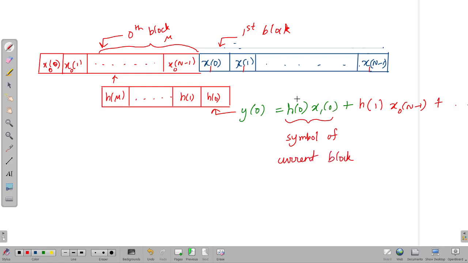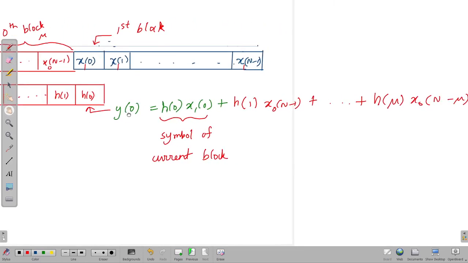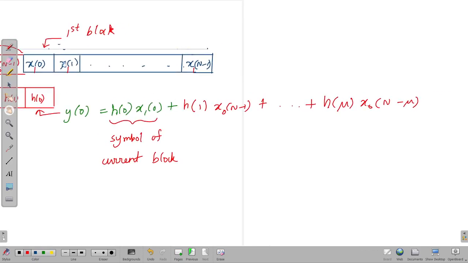And while I am sampling this particular symbol, mu number of symbols of previous block also get added with the current block.